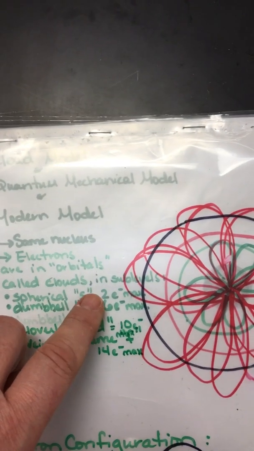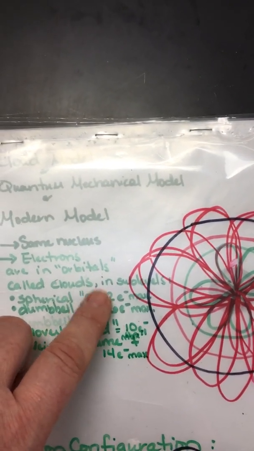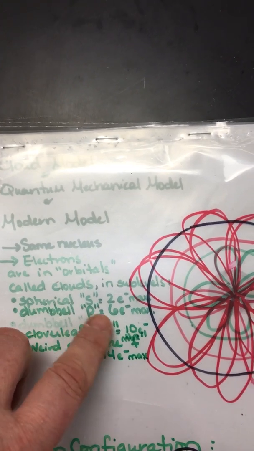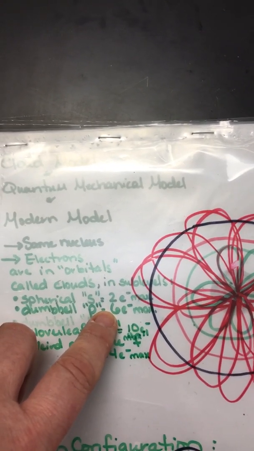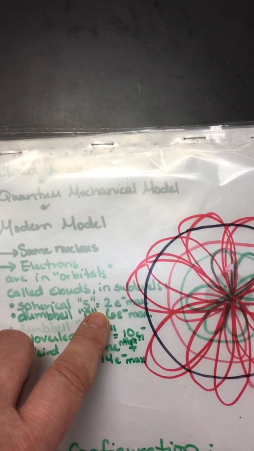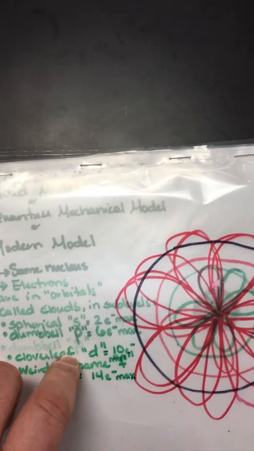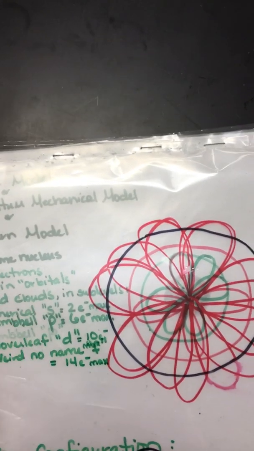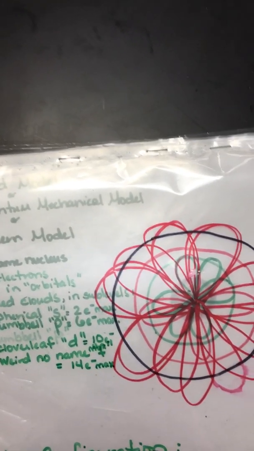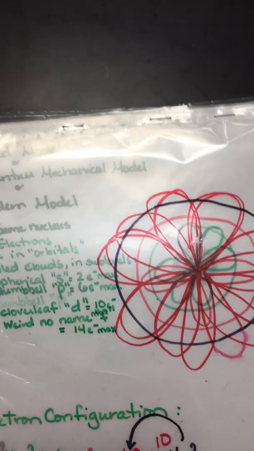The first energy level has 1 possible orbital in it. The next energy level has S's and P's, so there are 2 sublevels. And then the third energy level can possibly hold S, P's, and D's, and then the 4th energy level can hold S, P's, D's, and F's, and it never goes beyond that.